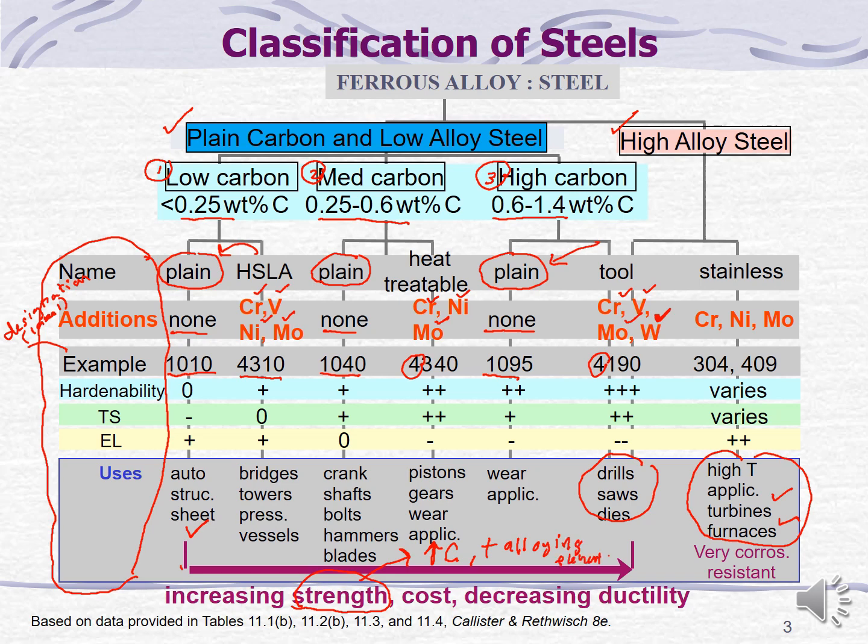When the strength is increasing, of course, the ductility is decreasing. And then, of course, when we add more carbon and also add alloying element to the plain carbon steel, it will increase the cost of the material.